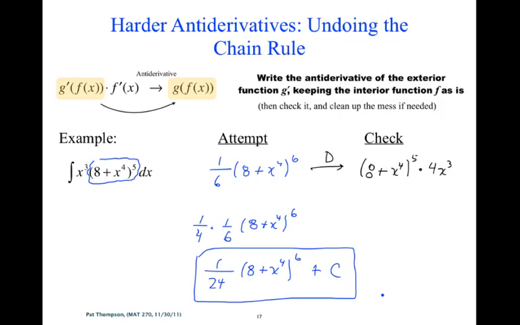Because when you get good at it, you just see that as a result of a chain rule. Many of you will just be able to go right to this answer. You'll see, oh, there's going to be an extra 4 in there. So I'm going to do (8 + x^4)^6. I'm going to need the 1/6, and I'm going to need the 1/4 also. And then you can just write it down. And that will be so much faster than all the work it takes to do U substitution.